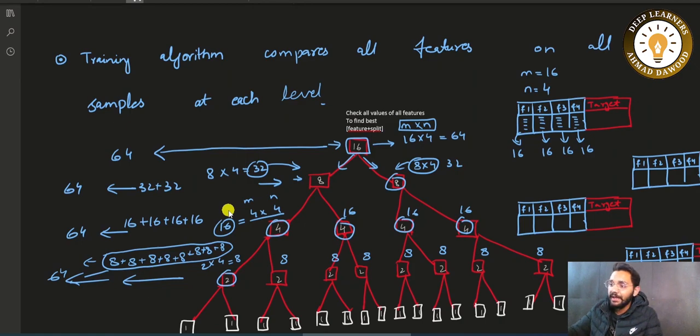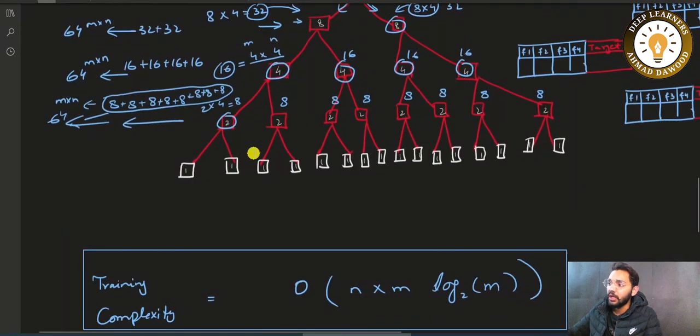So at each level you can say m cross n values you have processed to find the best split. How many levels do you have in that decision tree? When you have a balanced decision tree, you can easily find it by using log of base 2, as I told you previously, because it is a binary tree, that's why log base 2.